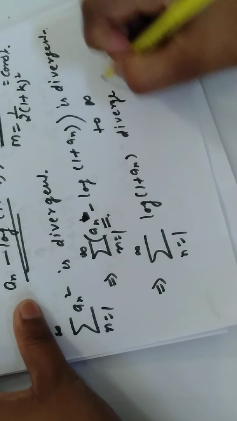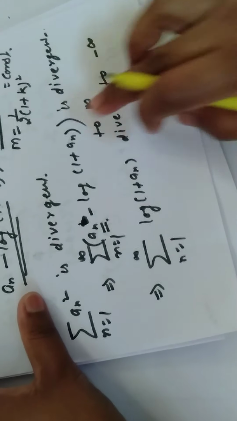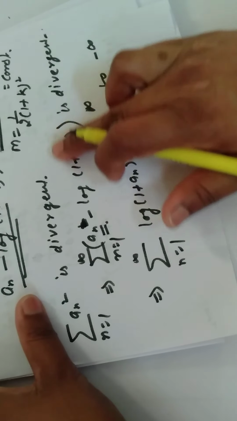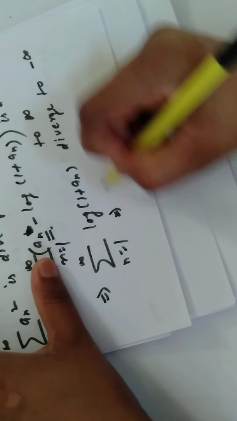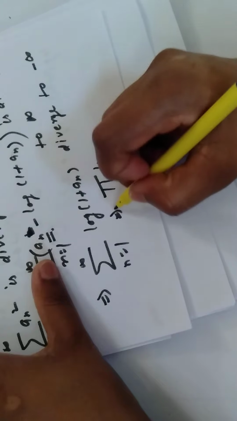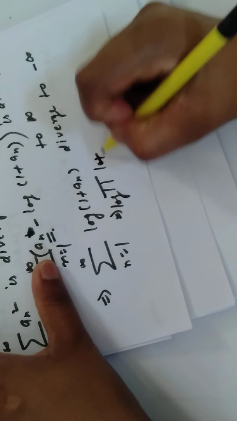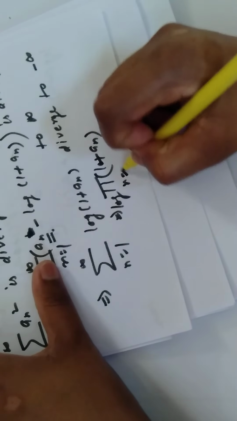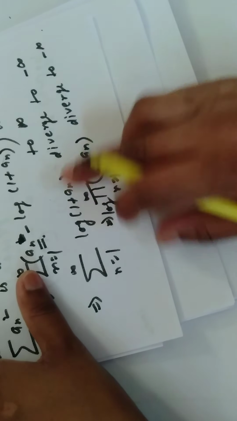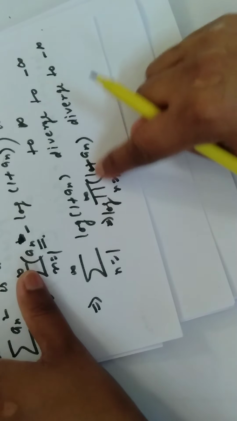Diverge to minus infinity, because this is divergent to plus infinity and here it is a minus sign, so this series must diverge to minus infinity. And it implies that log of the product of 1 plus n, n varies from 1 to infinity, diverges to minus infinity. Log of a product is the summation of logs, right?